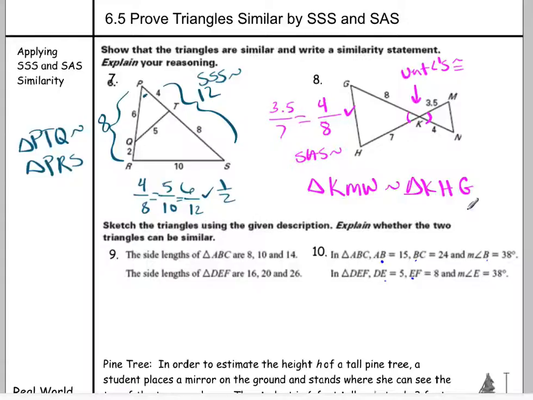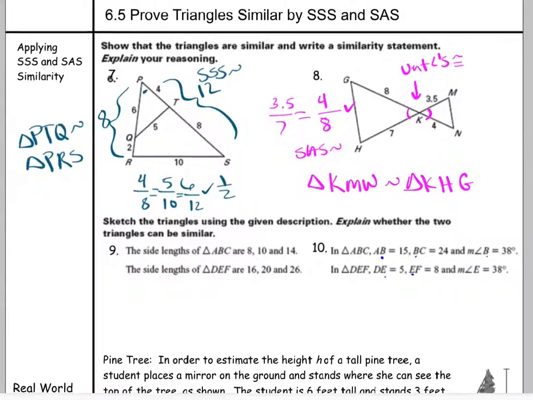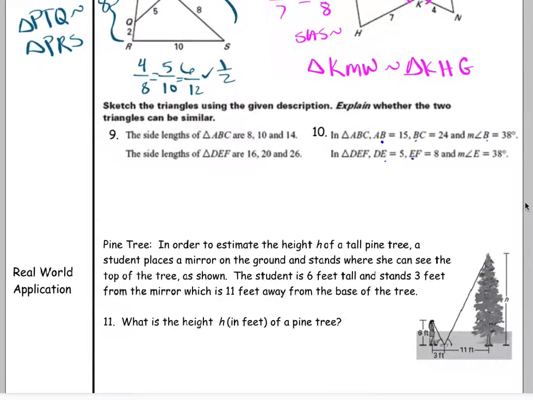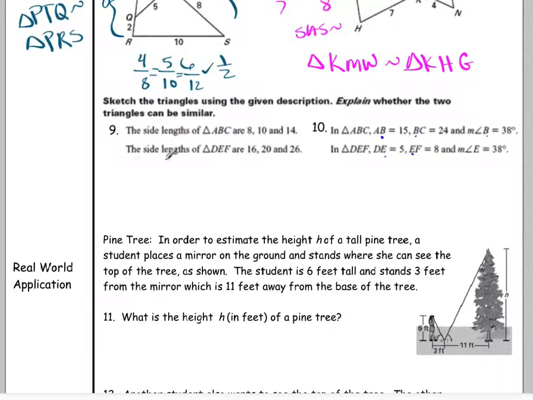For 9 and 10, it says sketch the triangles using the given description, explain whether the triangles can be similar. Here they're giving us the side lengths.